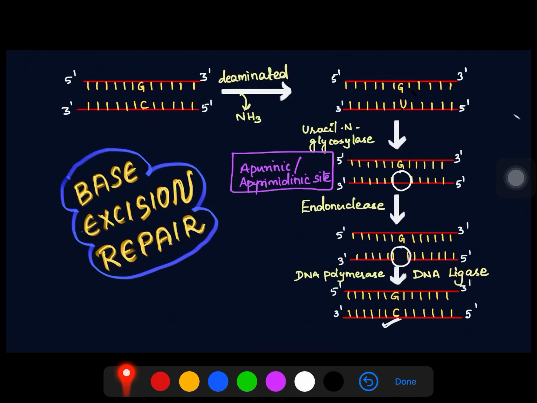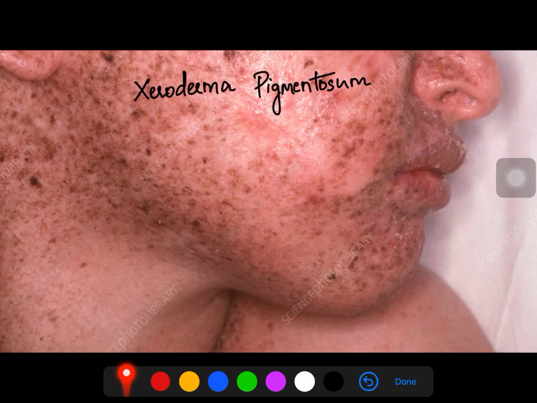Based on this, there is one important disease called xeroderma pigmentosum. The skin which is exposed to sunlight will have pigments, scales or blistering appearances, which is called xeroderma pigmentosum. The main defect here is in the XP protein.